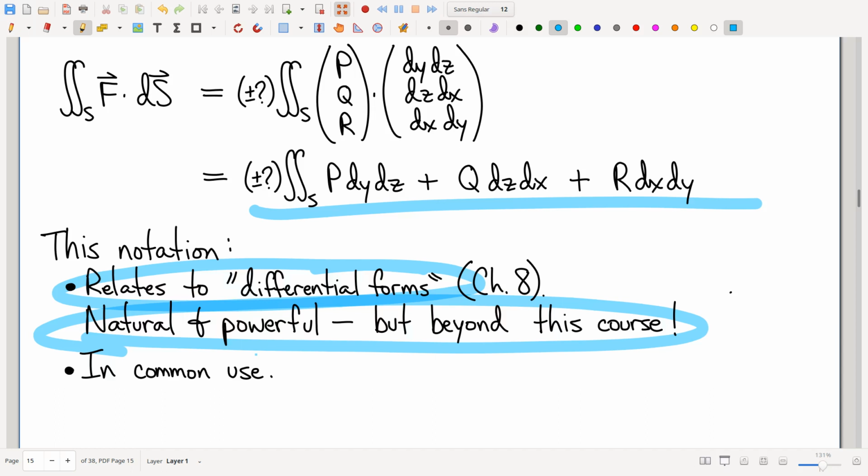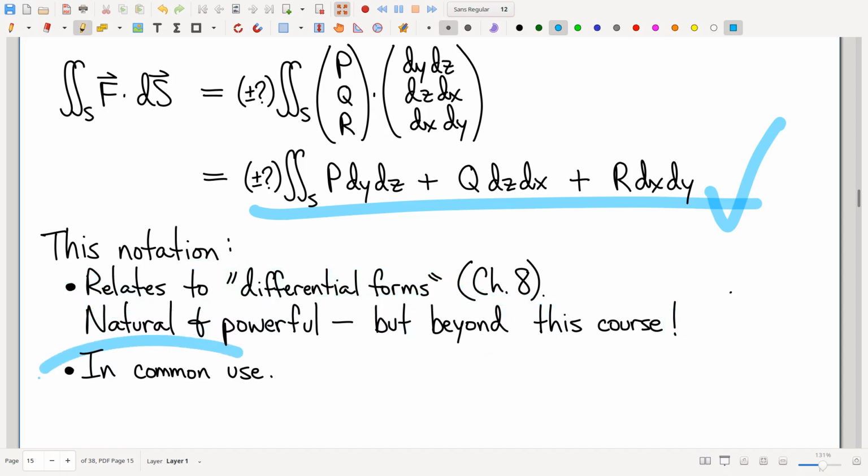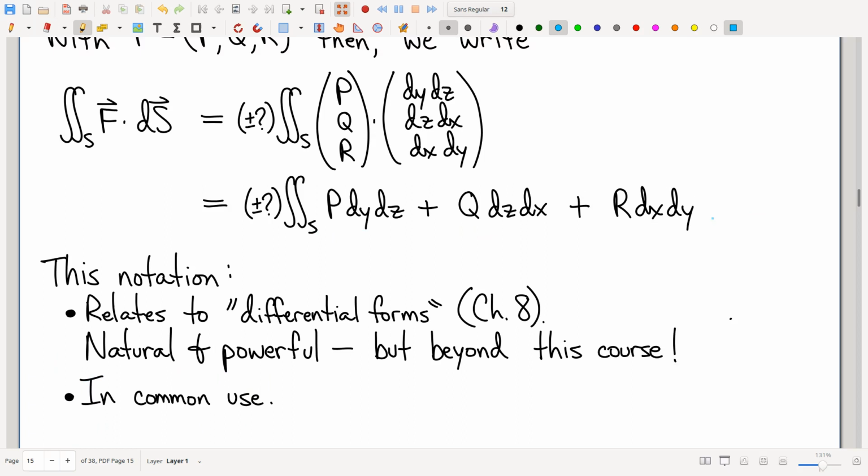And so really natural in these powerful ways. As a result, a lot of people love this notation. And because they love this notation, it's in common use, which means it's in your future, whether it should or shouldn't be. You're going to see stuff like this, and because you're going to see it, you need to know how to deal with it.